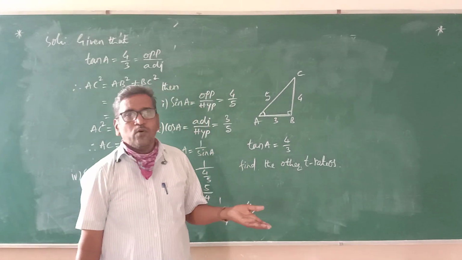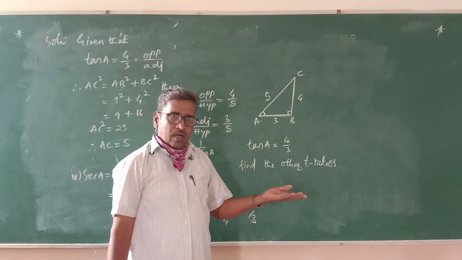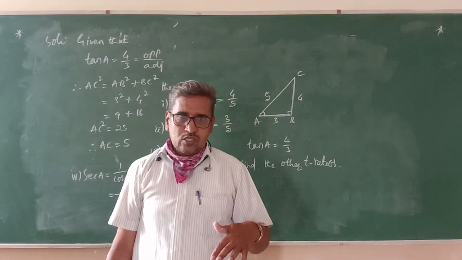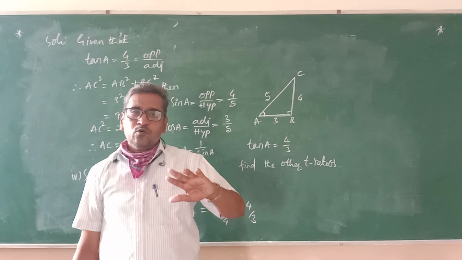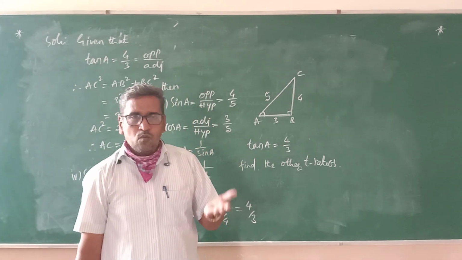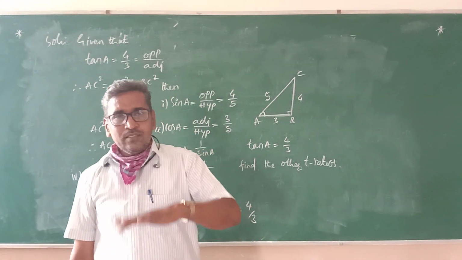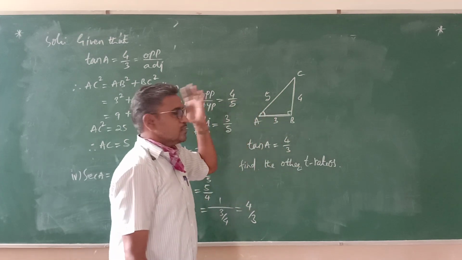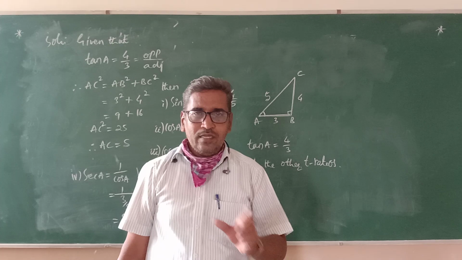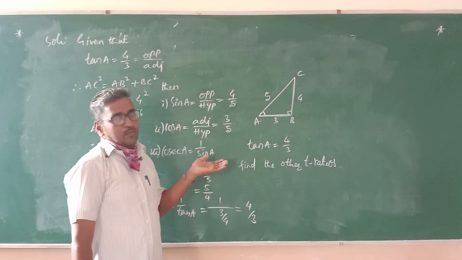Cosec is 1/sin, that means hypotenuse upon opposite. Sec is 1 upon cos, which means hypotenuse by adjacent. Cotangent is 1 upon tan, which means adjacent upon opposite. Once the right angled triangle is in your mind, you can easily remember, so solve more and more examples.